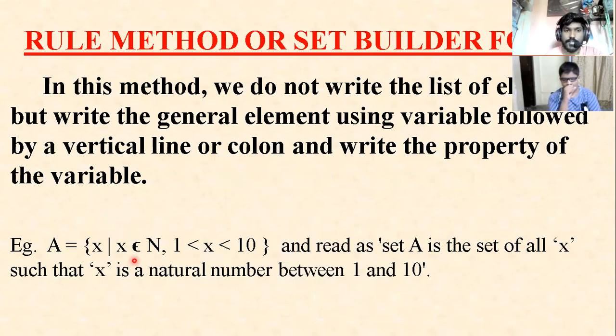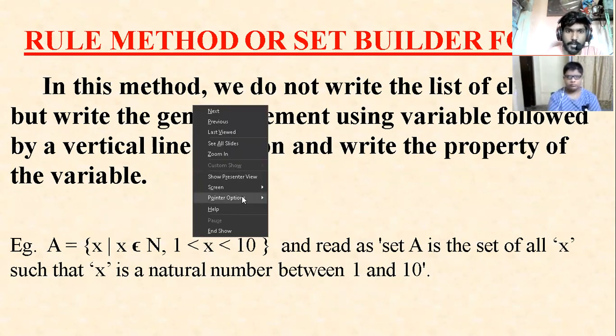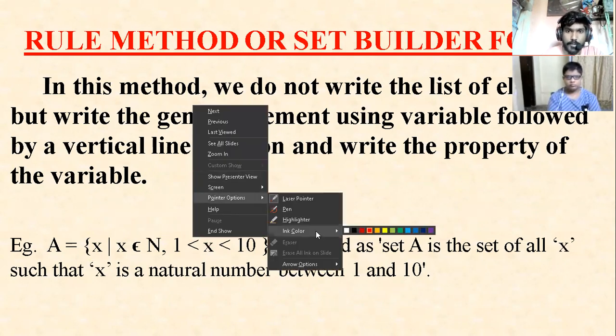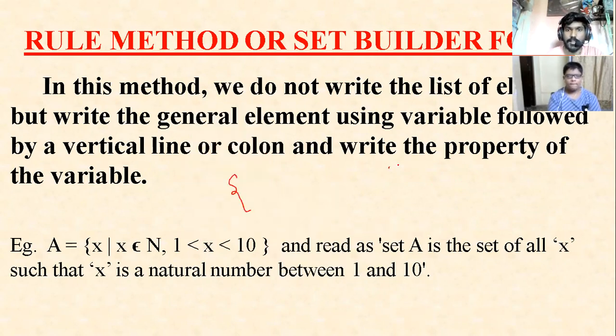So this is the way of writing a set builder form. Now suppose this would not be a set builder form, but the roster method, the listing method. Then can you tell me all the natural numbers between, only between 1 and 10?